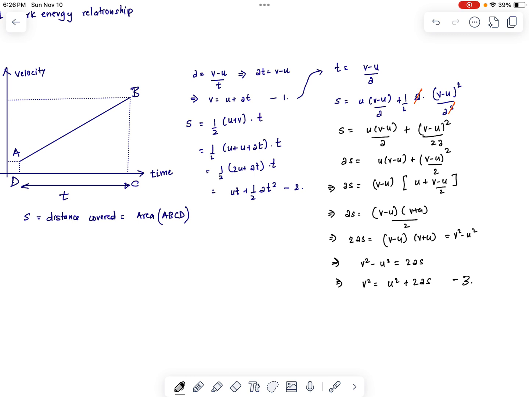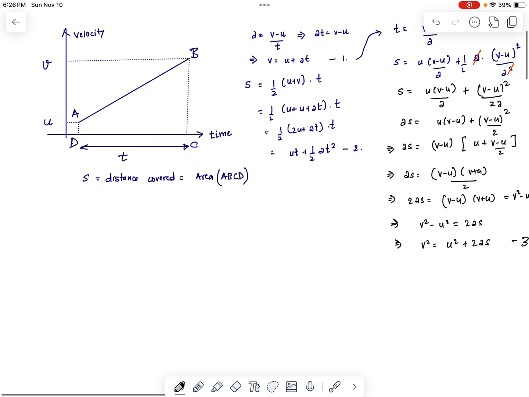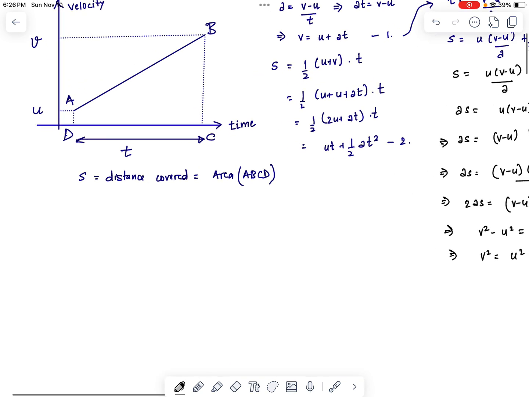So these are the 3 equations of motion. Let me write that out. The first equation was v equals u plus at.